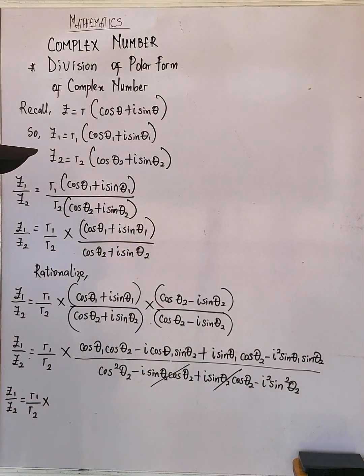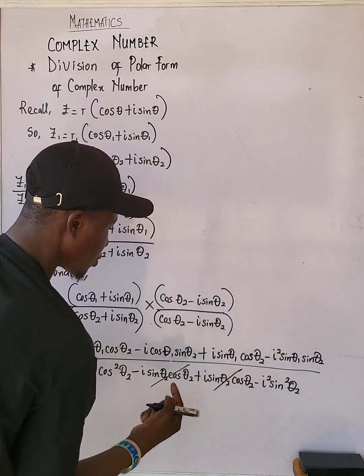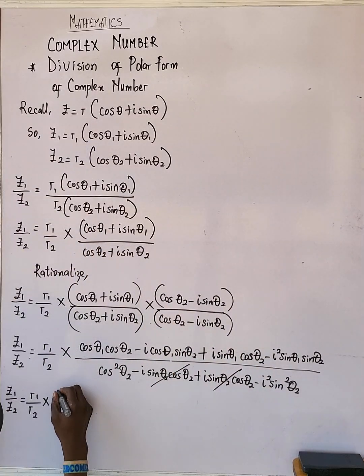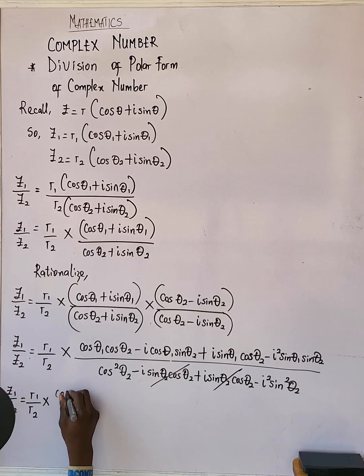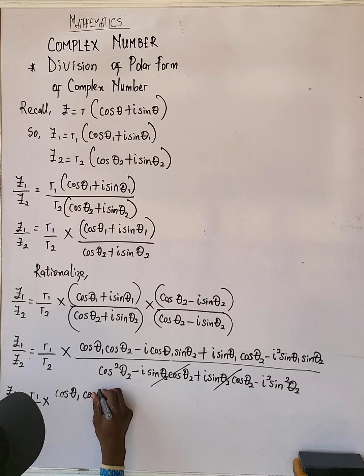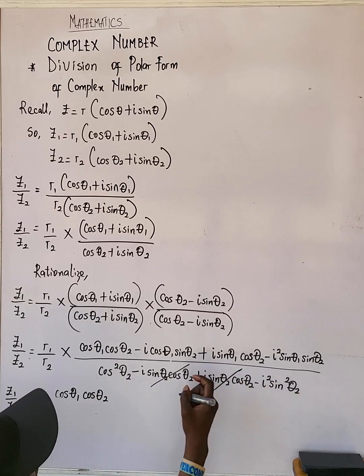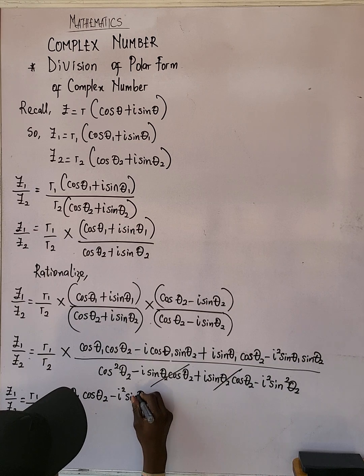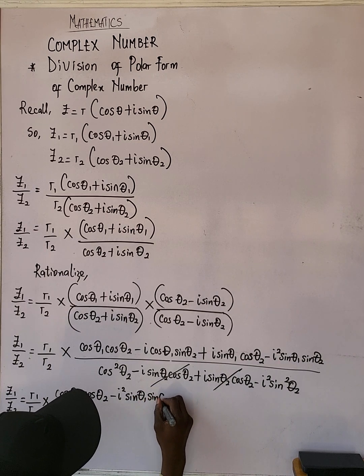So what do we now have on top? Let's bring this to the front. So let's just say we have cos theta 1 cos theta 2, right? Then here will be minus i square sin theta 1 sin theta 2.